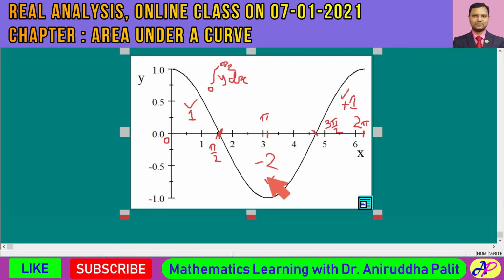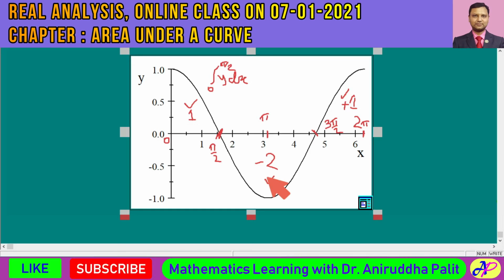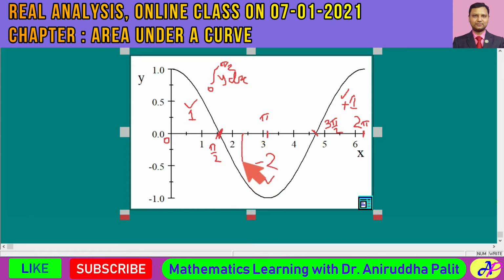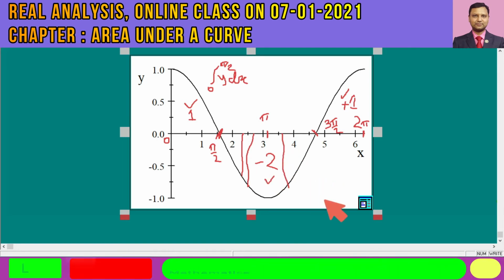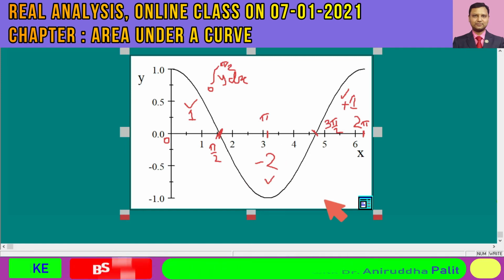But as because the area is a non-negative quantity, we know that area is a non-negative quantity. This negative sign comes because of the fact that the function is negative over here. These functional values are all negative in this zone. That's why we get this negative sign. But what you need to do, you will have to find out the area.